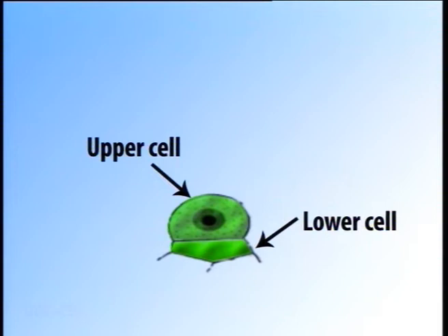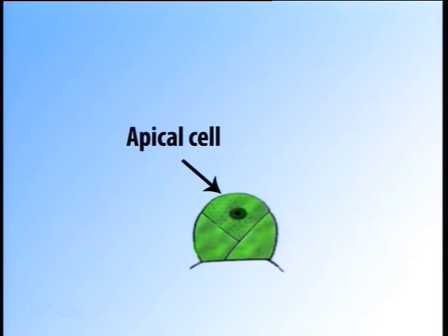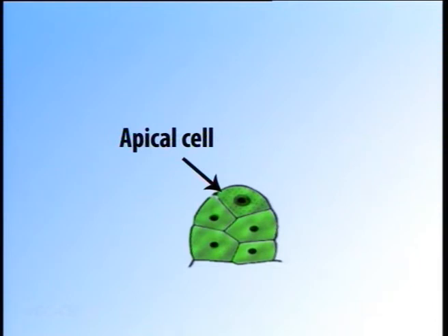The latter functions as archegonial mother cell and divides by two intersecting oblique walls, forming an apical cell with two cutting faces. The apical cell cuts 4 to 8 segments on both sides alternately. These segments eventually form the stalk of the archegonium.